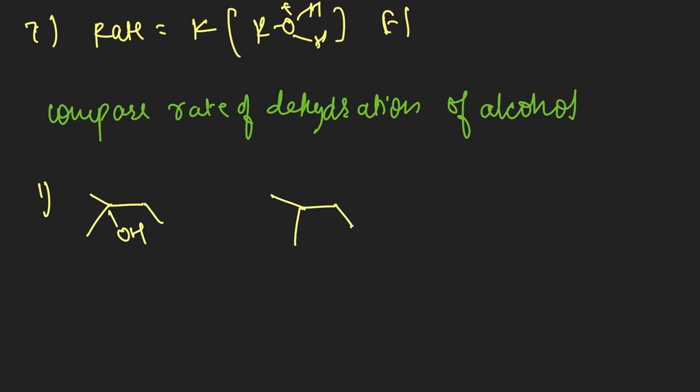So which carbocation is stable? Our first carbocation is stable, and the second is less stable because the first is a 3 degree carbocation and the second is a 2 degree carbocation. So the first has a higher rate. Then let's solve the second question.